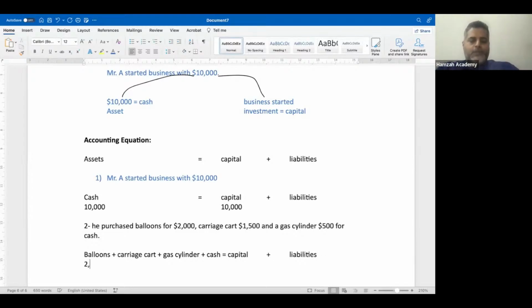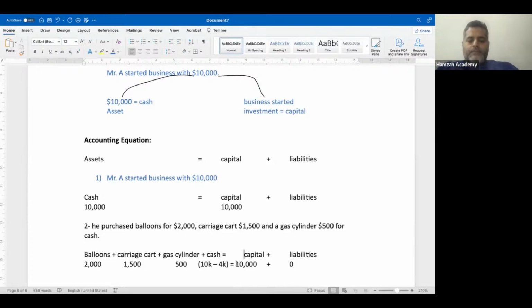Now, balloons are 2,000, carriage cart is 1,500, gas cylinder is 500, plus cash. I already had 10,000 minus 2,000, 1,500 and 500, is equal to 10,000 capital plus liability 0.